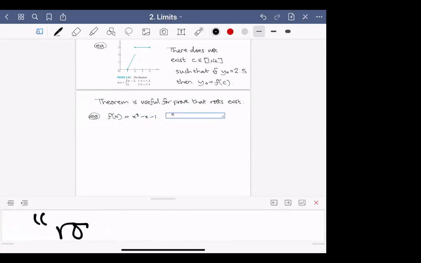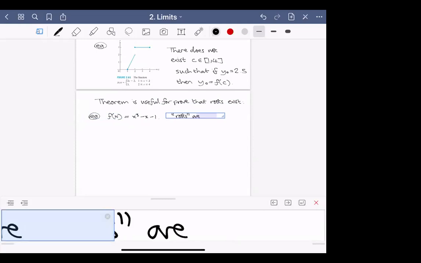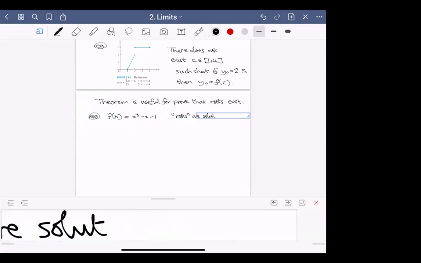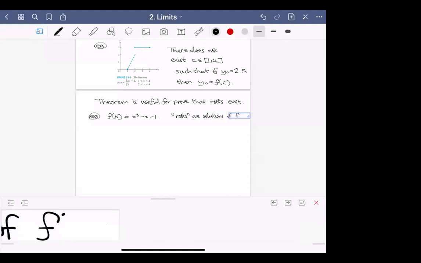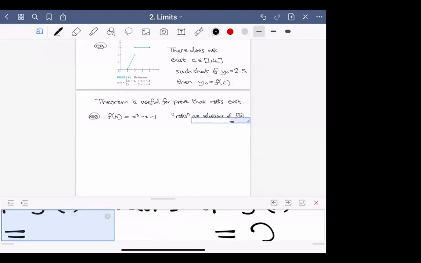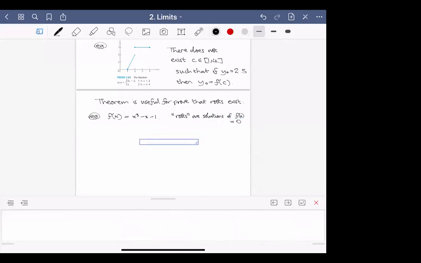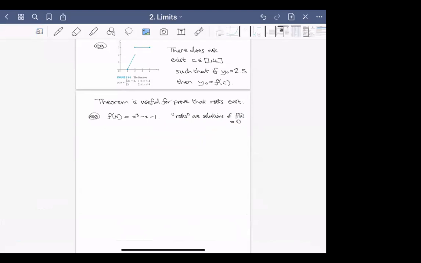So what are roots? Roots are solutions of f(x) equals 0. And for a cubic equation, these are hard to find. For a quadratic equation, you could do this, but for a cubic, it may be harder.